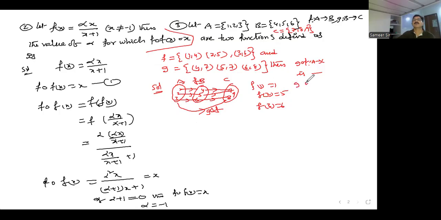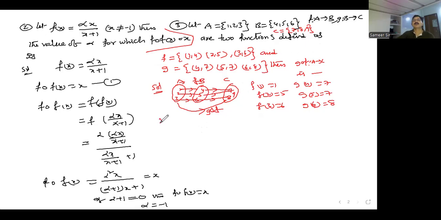And g of 4 is equal to 7, g of 5 is also 7, and g of 6 is 8. No mapping for 9. Okay, 9 is the element which is left free here in C.